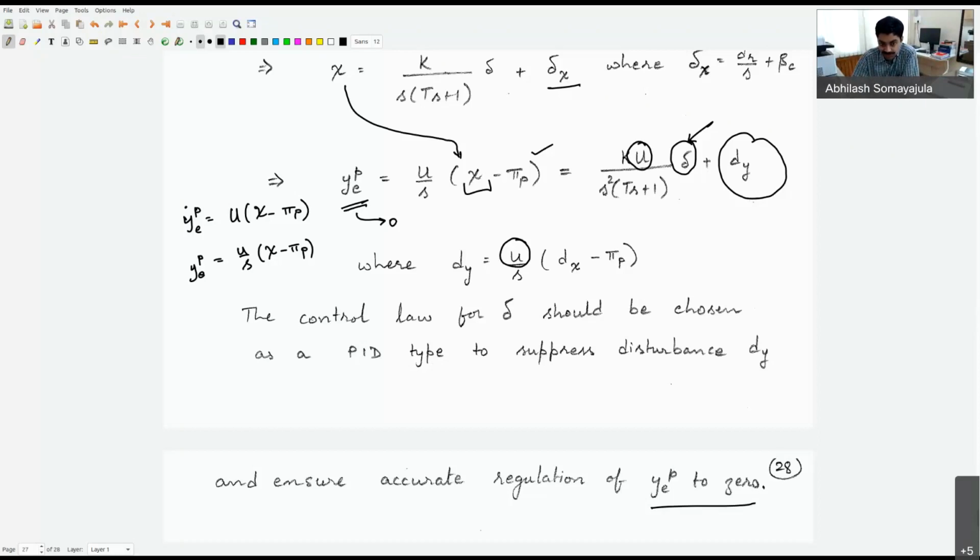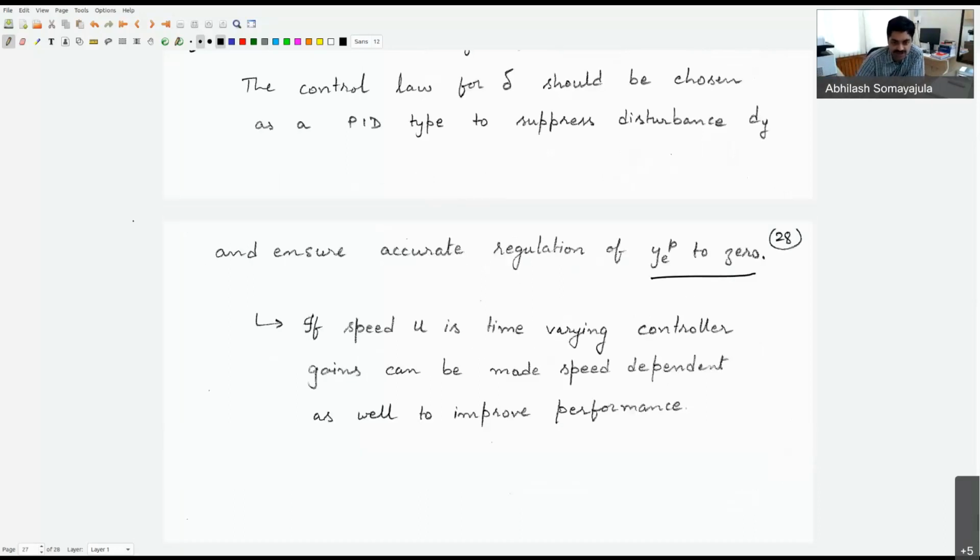It may not work, in which case it might be better to look at different speeds and tune different gain values corresponding to each speed. If the speed is time varying in your case, then the gains should also be time varying to adapt to that change in u. So we generally come up with gains which are speed dependent to improve the performance of the system. This part is called gain scheduling.